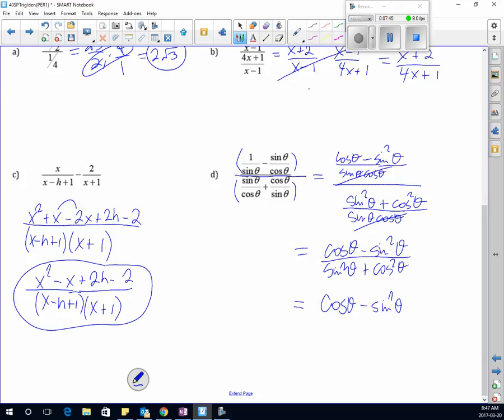So where did this sine squared theta plus cos squared theta equals 1 come from? Do you remember your unit circle? And you had that nice little triangle there? And this coordinate was x comma y. What else was that coordinate?